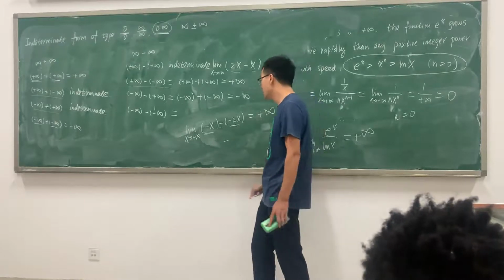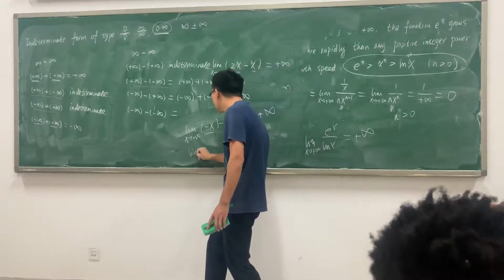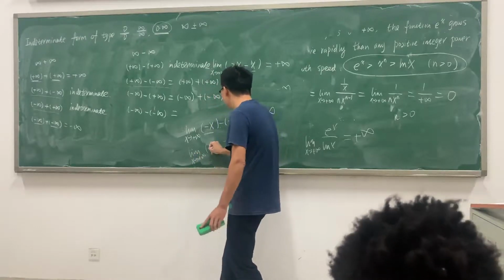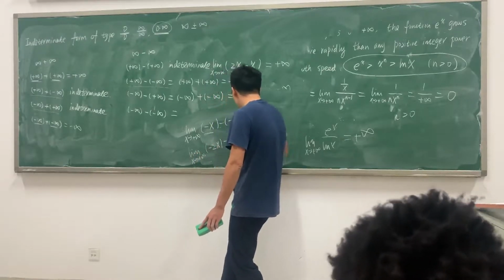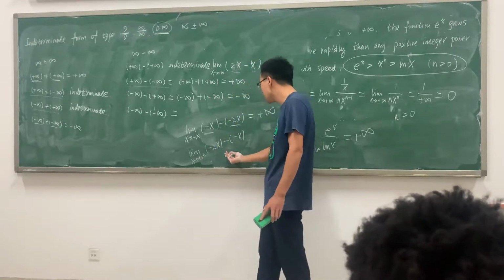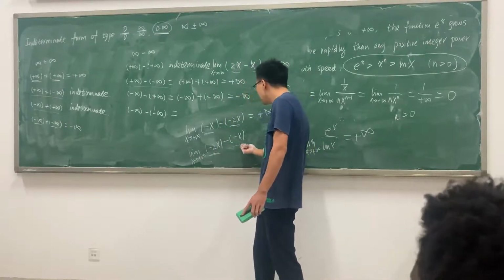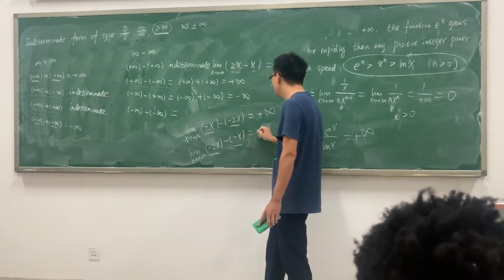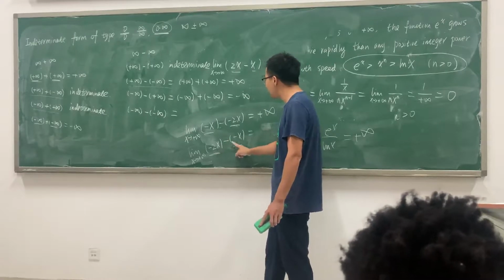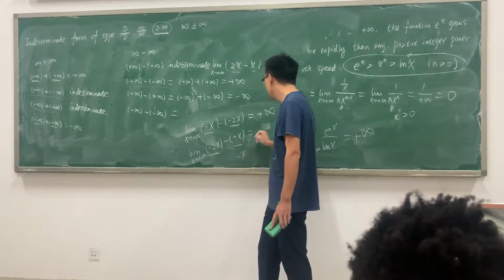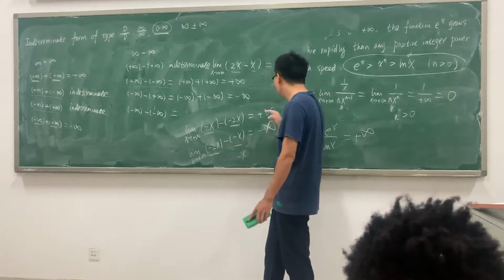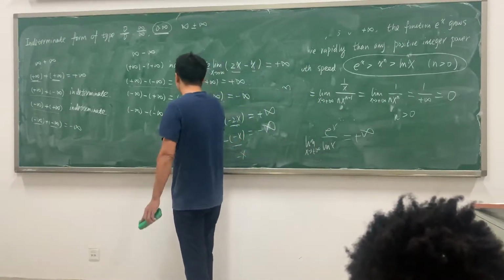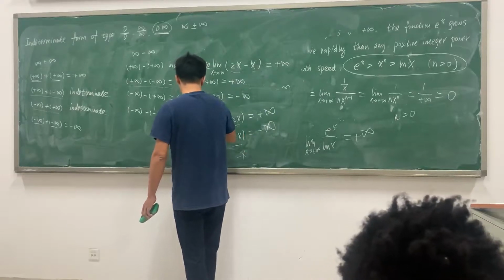And for x approaches plus infinity of minus 2x minus x, it is minus infinity minus infinity; this is minus 2x plus x, which is minus x, so minus infinity. So plus infinity and minus infinity both occur, so this case is indeterminate.